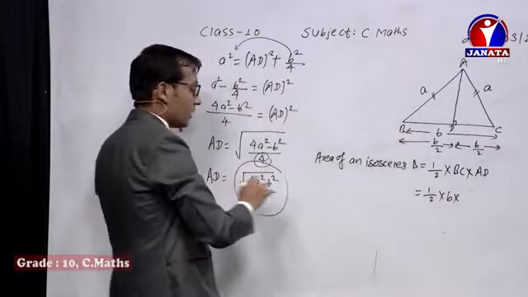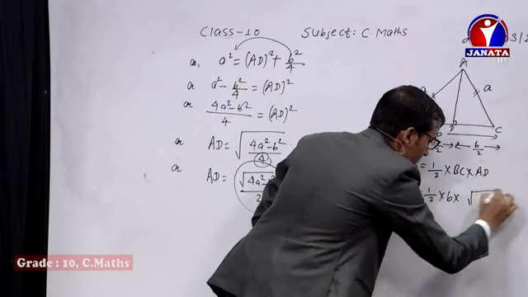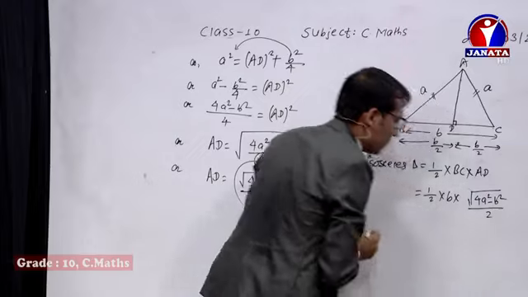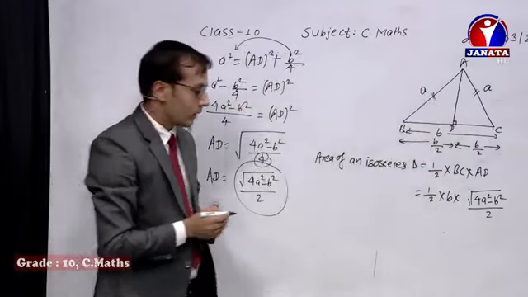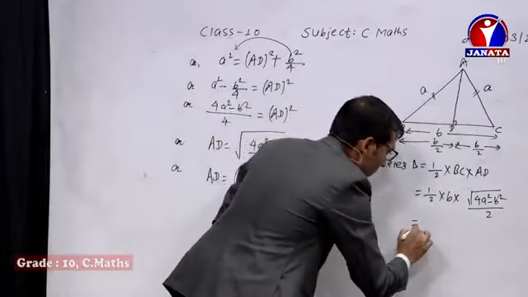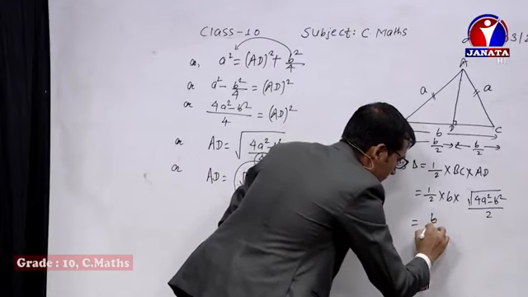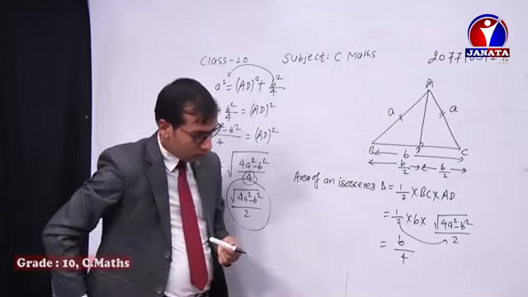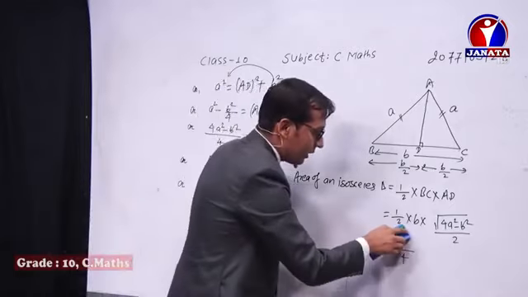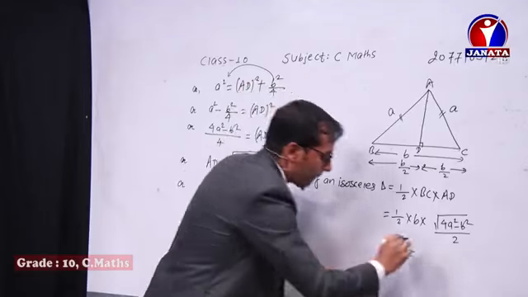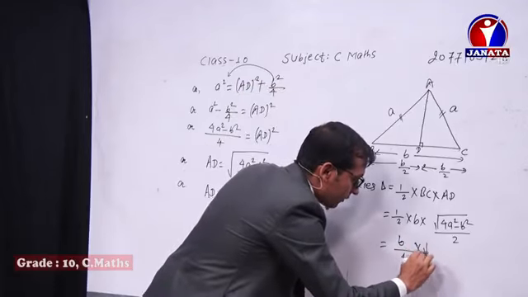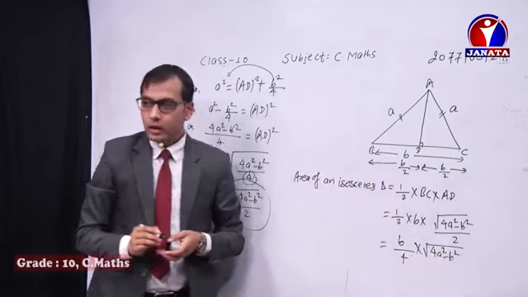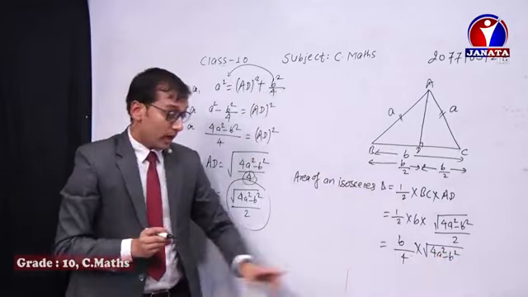So AD is square root of 4a square minus b square over 2. Let's simplify this. It's b by 2 times 2, which is 4, multiplied by square root of 4a square minus b square. So this is a special formula.